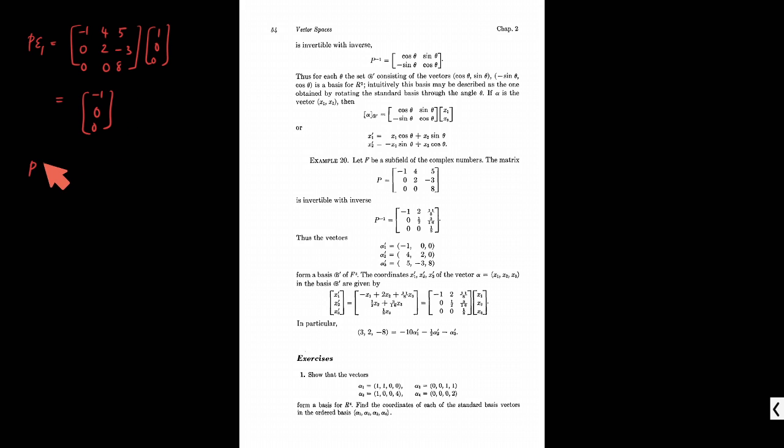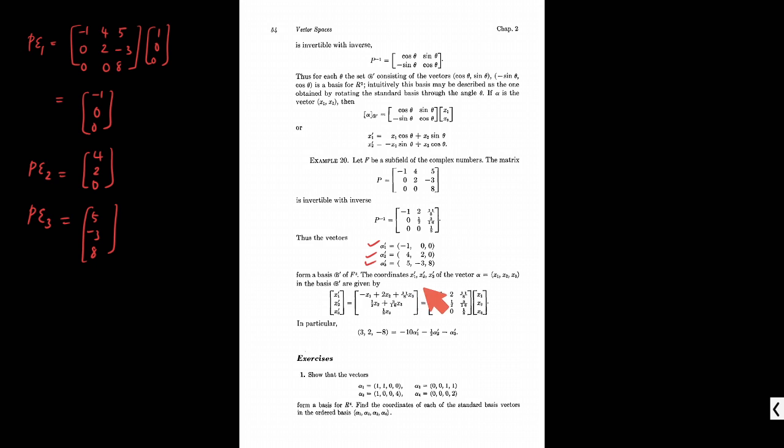Similarly, you can find P epsilon 2, which is this times (0, 1, 0). That will give (4, 2, 0), and finally P epsilon 3 will give the corresponding vector (5, minus 3, 8) by multiplying this with (0, 0, 1). So these three vectors form alpha 1 prime, alpha 2 prime, alpha 3 prime.